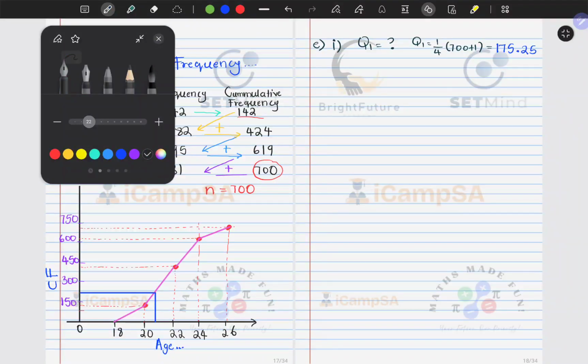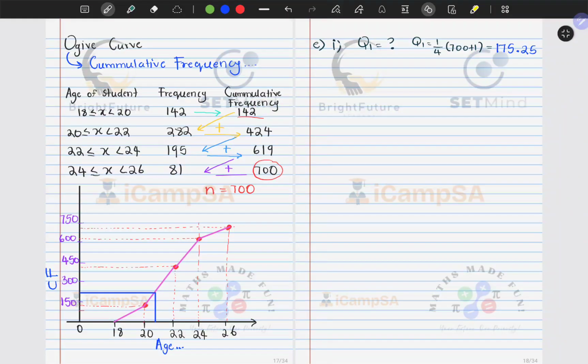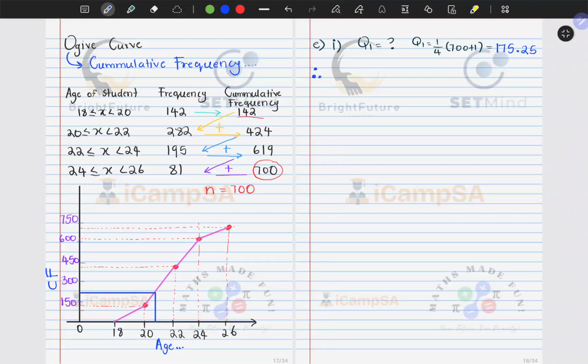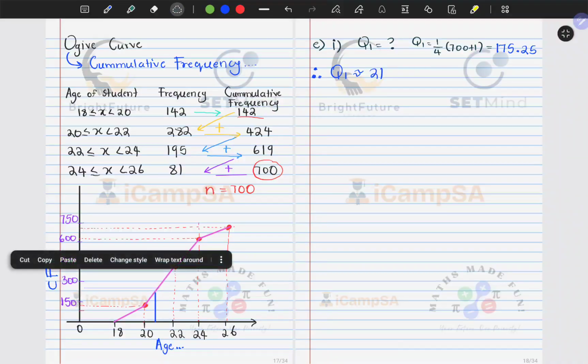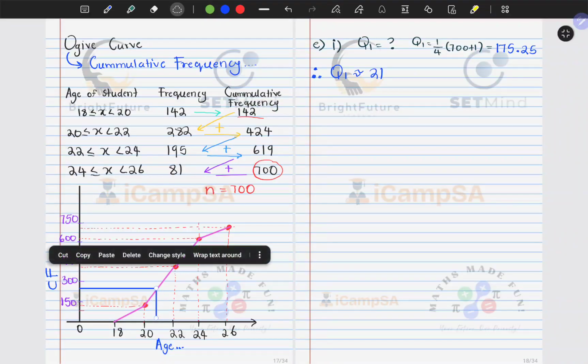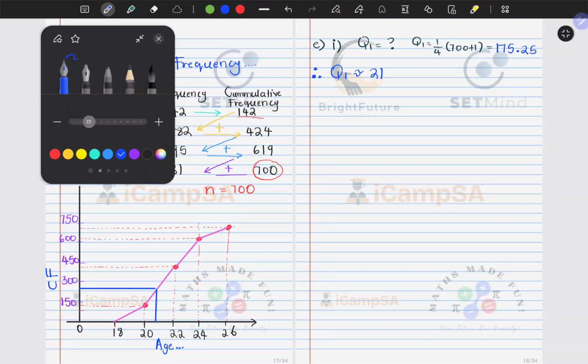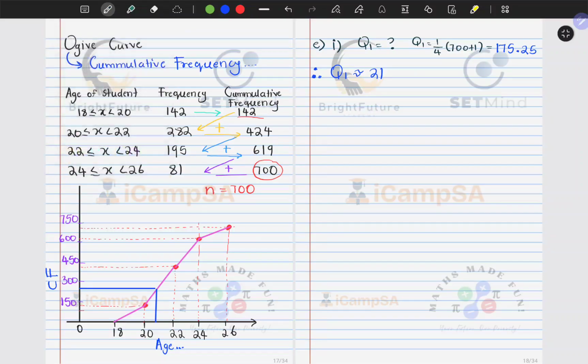Okay, so someone else would just say, therefore, Q1 is 21. Okay, and this is just from the scale that I'm using here. It's obviously maybe not correct, but it's the scale that I'm using here. Okay, so there we go, guys. It's just above 20, so we can put it at 21.